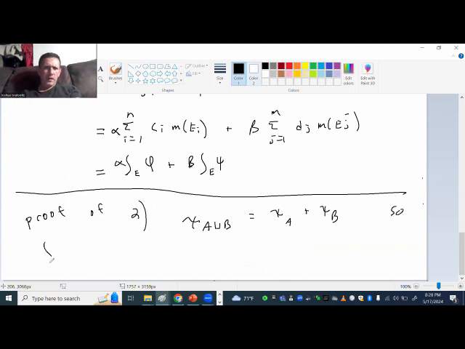By definition, remember we're defining this. Remember this is the definition of what this means.